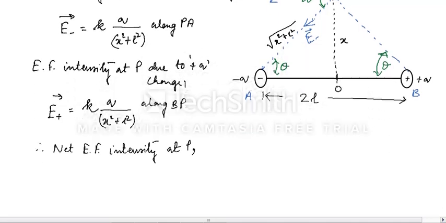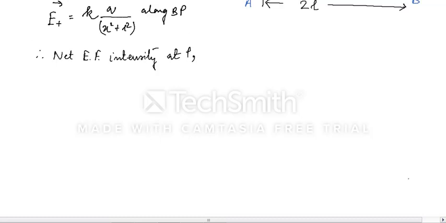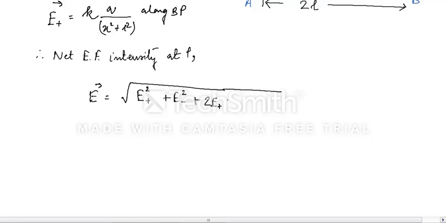So we can get the expression of net electric field by the parallelogram law of vector addition, that is E vector is equal to root under E plus square plus E minus square plus 2 E plus E minus cos 2 theta. This is the expression.